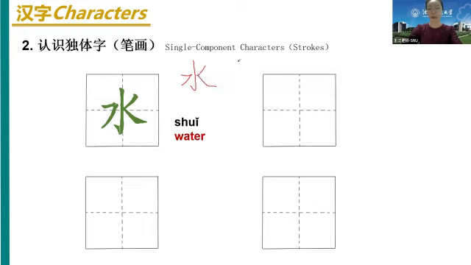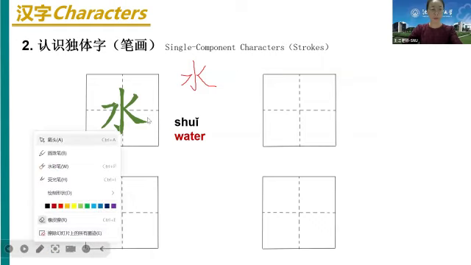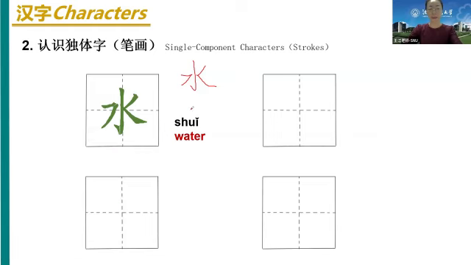Let's write it again. Please write this character after me. Vertical hook, and then rising left falling, and then left falling, right falling.